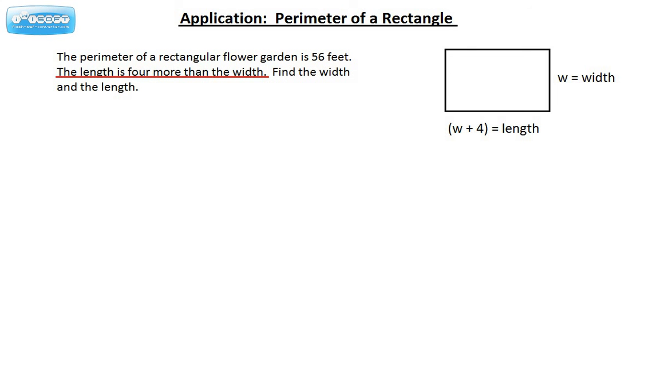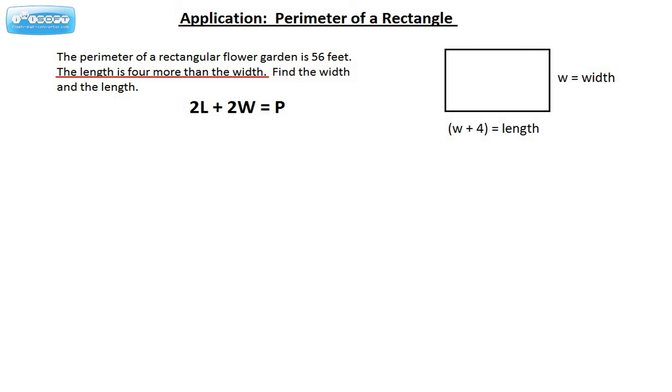So how do we determine how to find the perimeter of this rectangle? The first thing we want to do is look at the formula for the perimeter of a rectangle. Our formula for perimeter of a rectangle is 2L plus 2W equals P, which means 2 times the length plus 2 times the width equals the perimeter.